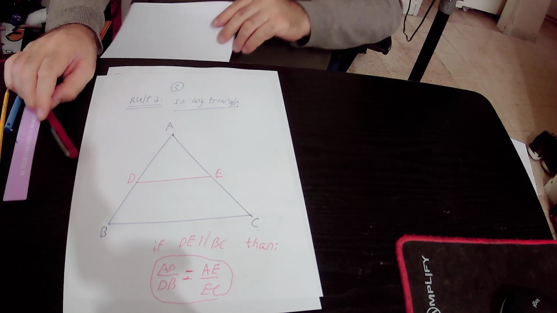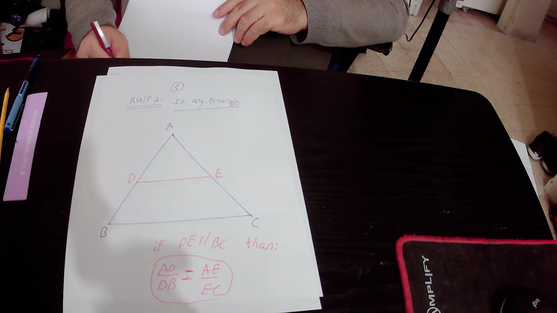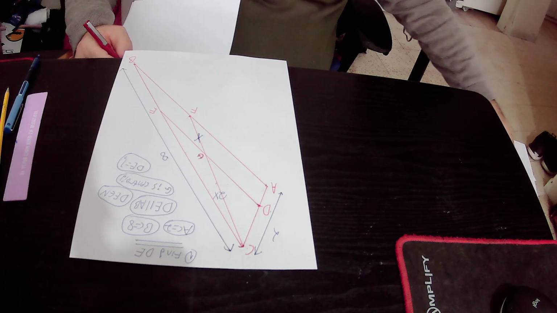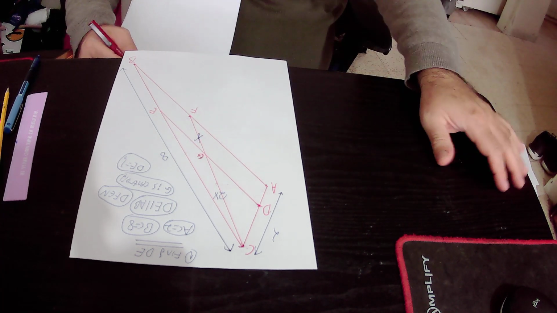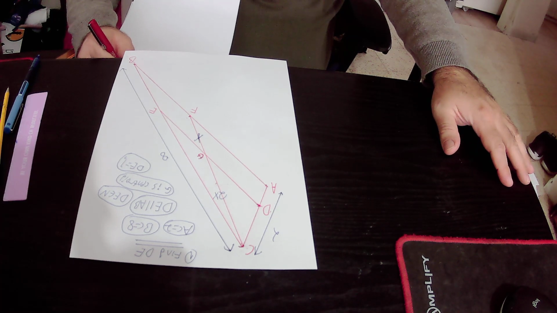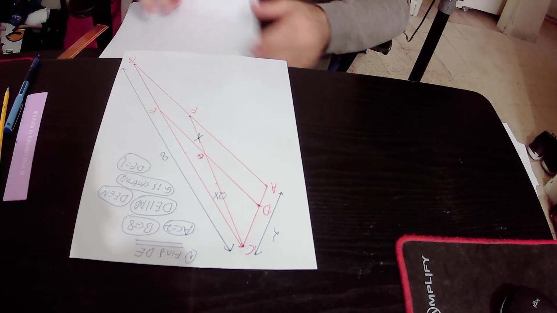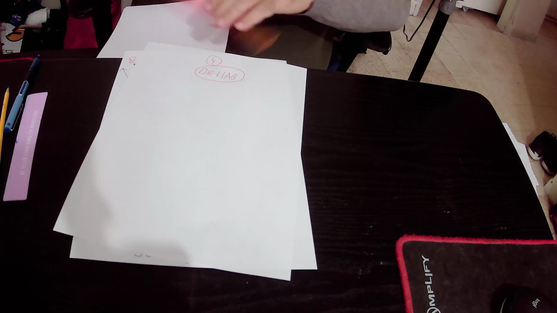And again, we can implement rule number 2 in our drawing, because in our drawing we have the data that DE is parallel to AB, according to what is given us in the question.